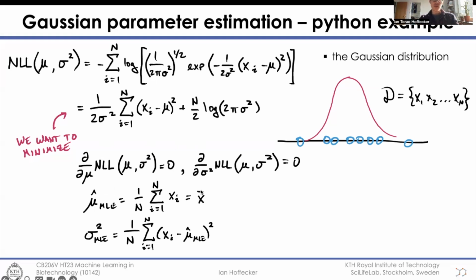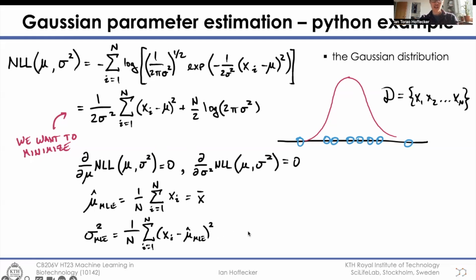So to get the maximum likelihood estimate from a known analytical probability distribution, we would simply take our expression for the Gaussian distribution, compute the negative log likelihood, and then compute these derivatives with respect to mu and sigma squared, with respect to the parameters. And we could actually just solve for these values analytically.